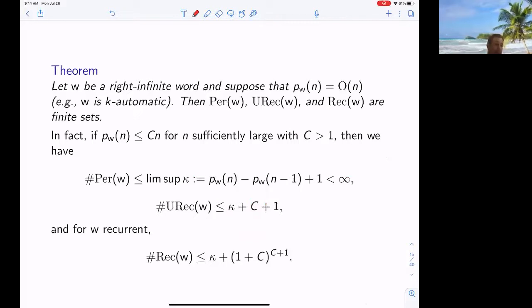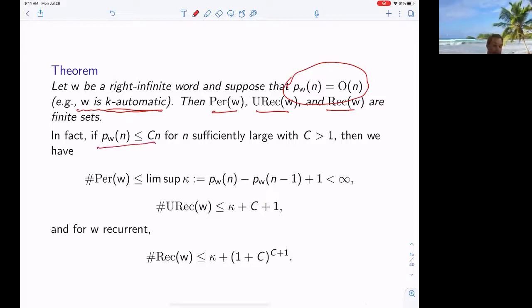So what we can actually show is that if the factor complexity is big O of n, and that in particular applies to k-automatic words, then these are actually all finite sets. In fact, we're going to show the following bounds in this talk.